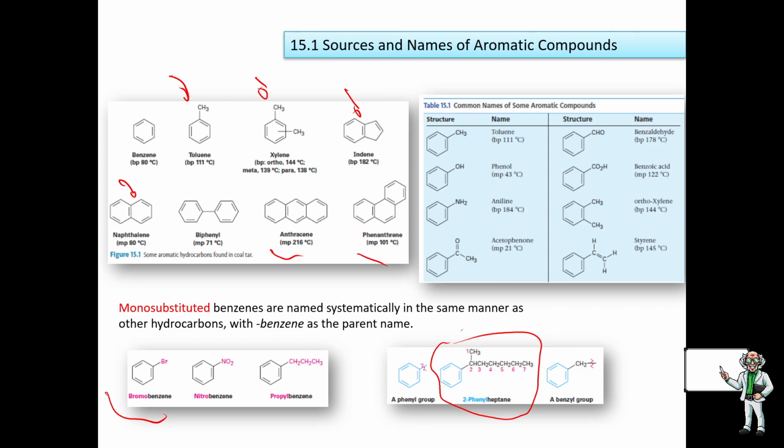Remember that in the case of alkanes, for example methane, as a substituent it will be methyl; we change the -ane for -yl. In the case of benzene, we change totally. It's not benzyl, it's phenyl. Benzyl is when we have a benzene ring followed by a CH2. Again, don't ask me why. It's what it is. You need to memorize this.